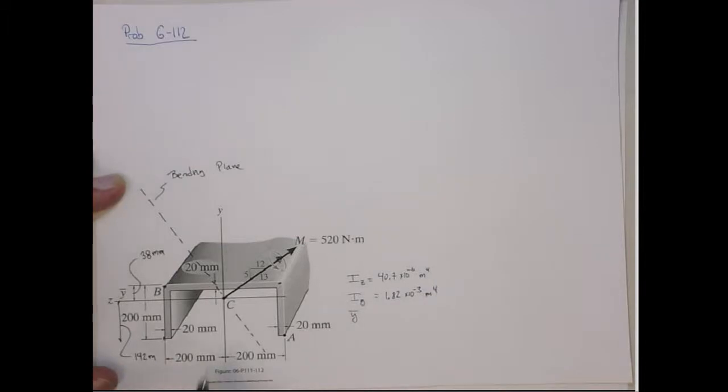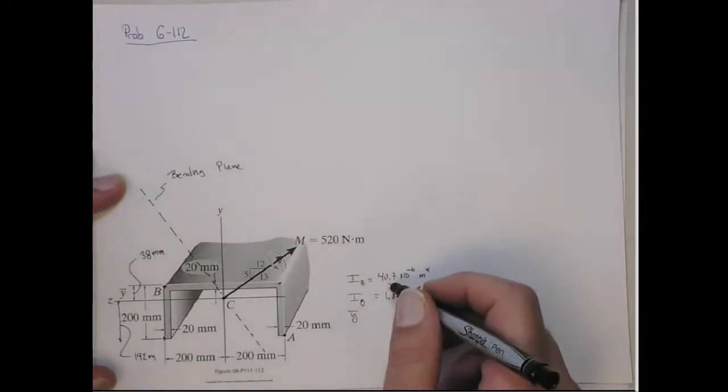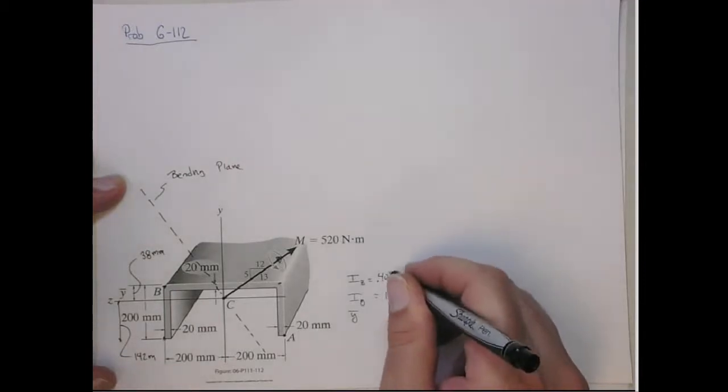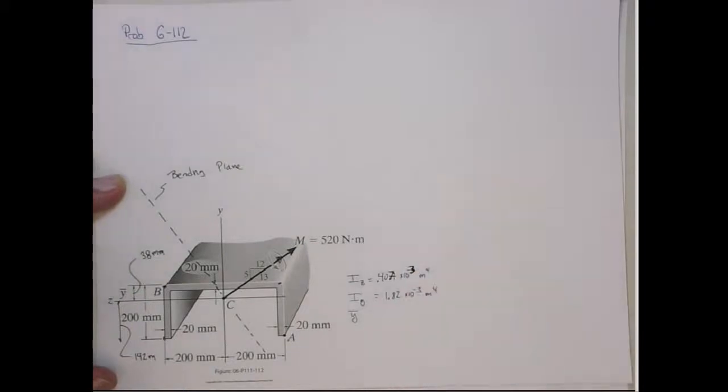So obviously there's much bigger bending resistance around the y-axis. Let's make sure I got the number of decimal places right. Oh no, this is actually to the fifth. Let's do it this way: 0.407 times 10 to the minus third meters to the fourth, okay? 0.407 and 1.82. That seems a little more realistic. It shouldn't be off by an order of magnitude. All right. So again, go to that video if you want to see the details of that calculation.